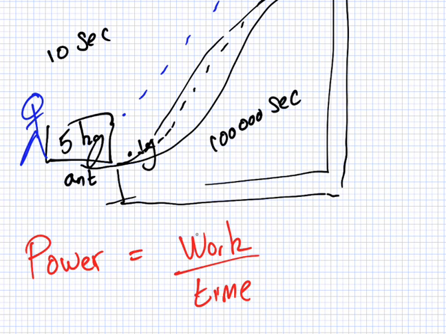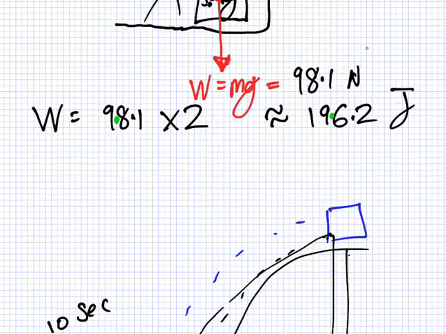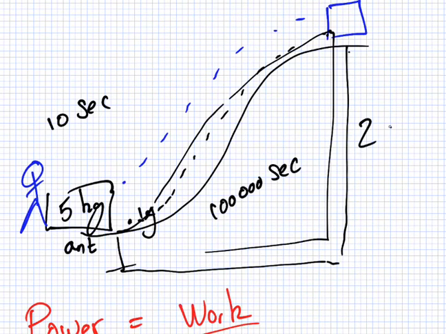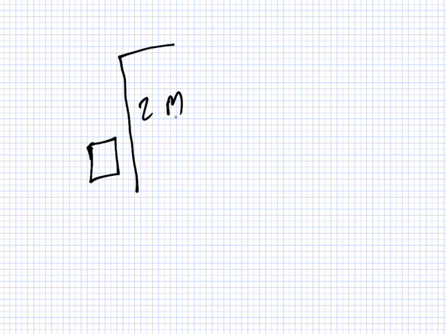So in the formula, the work is the same, but the time is different. Let's make this 2 meters as well. So, sorry, I'll draw this again. So the man lifts this up 2 meters, and it's 5 kilograms.